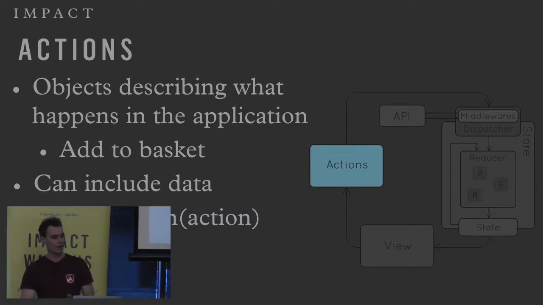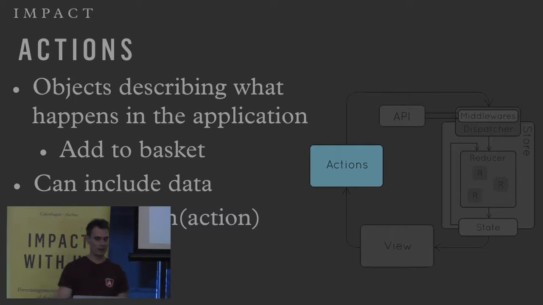Actions, as I've talked about, are objects describing what happens in your application. So as an example, if you click a button trying to add a product to a basket, that could be described in an action. And actions can include data, but are not required to.